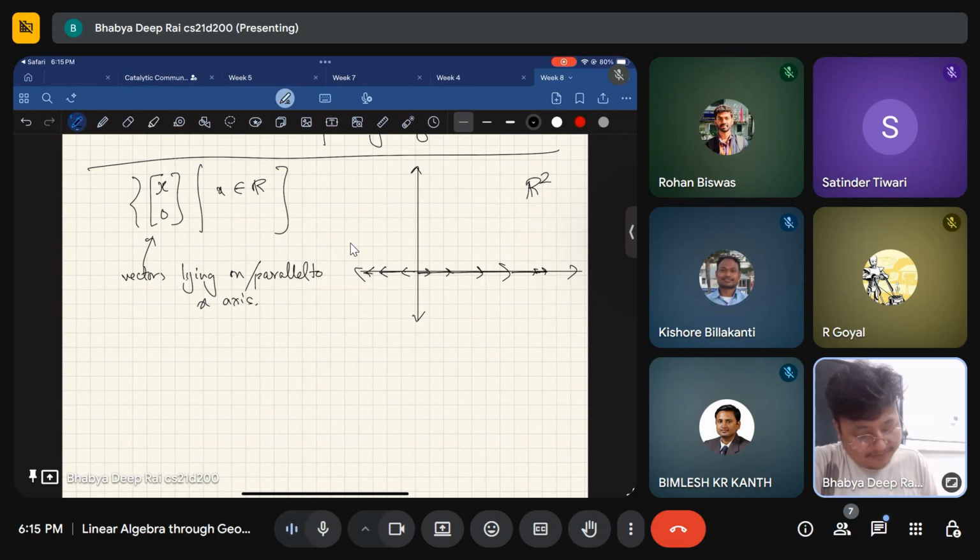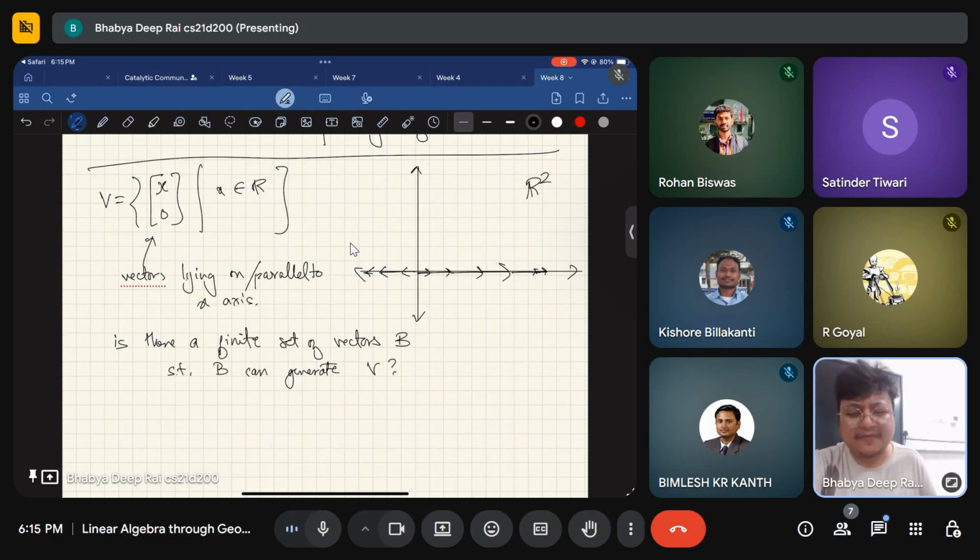So what I can simply say is, is there a finite set of vectors, let me call it B, such that vectors in B can generate the entire of this V?